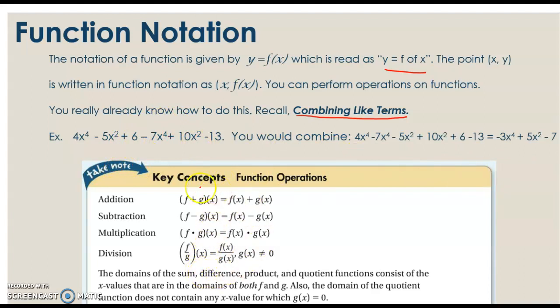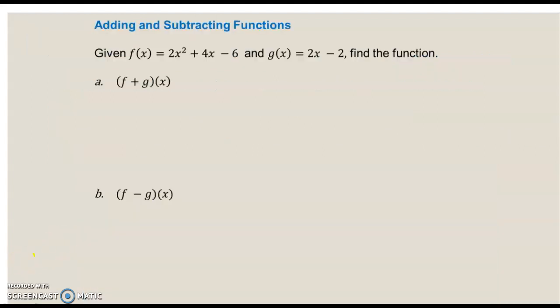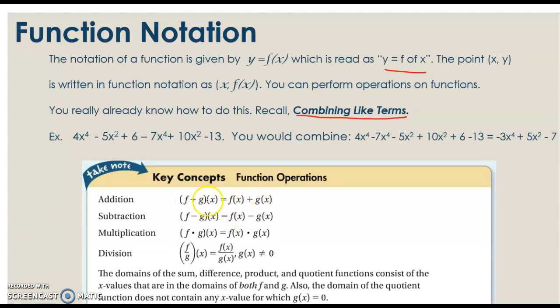That's the same sort of thing that we have right here, only it's written a little bit differently now. You would be able to add the f of x and the g of x, subtract them, multiply them, and divide them. But once again, you've got to restrict that domain because when you divide them, you're going to have a denominator you've got to be careful about.